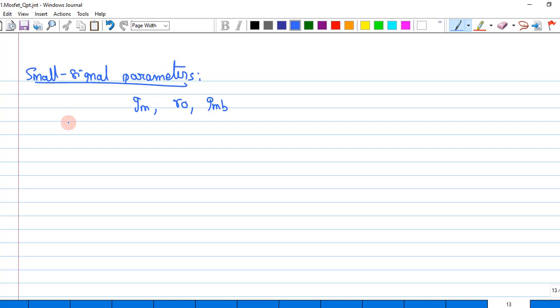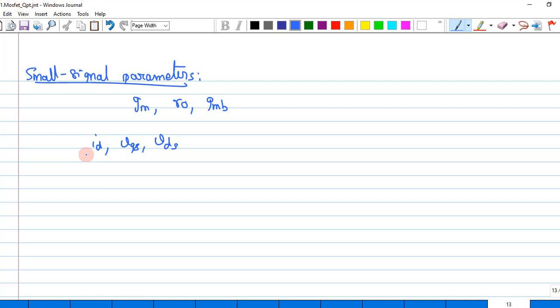So the small signal model is a kind of equivalent circuit which interrelates the incremental changes of like ID, VGS, or I think I should have written it as small ids, small vgs and small vds. Okay, so what a small signal parameter does is try to interlink all of these small incremental changes that are happening around the circuit.